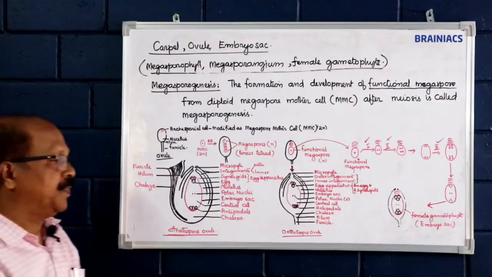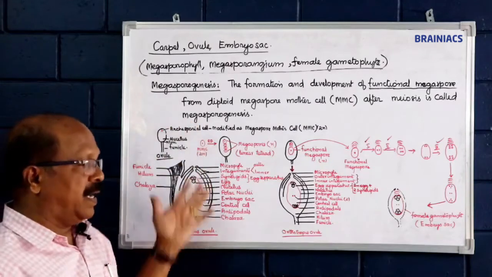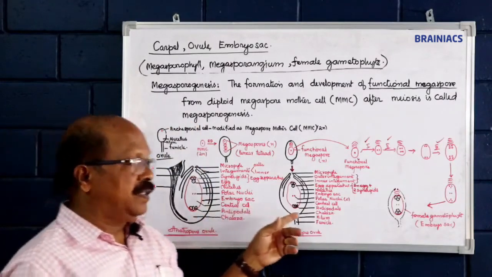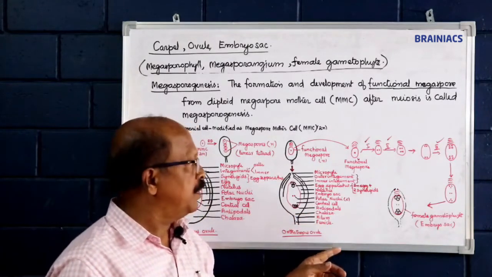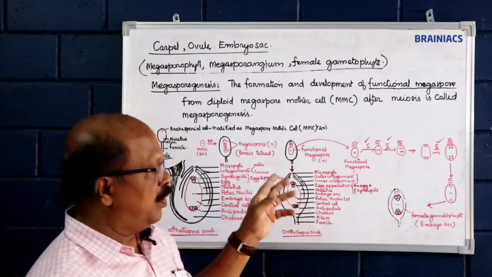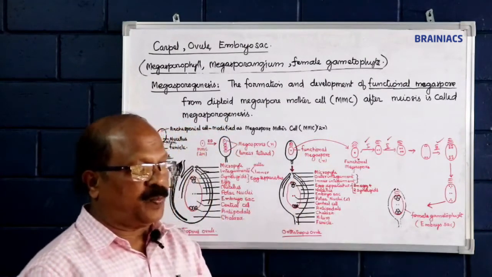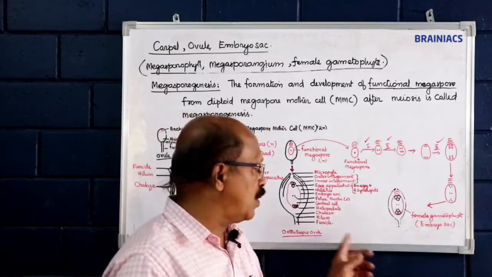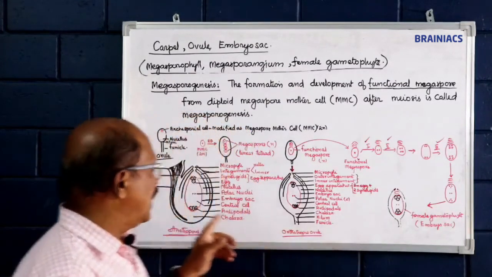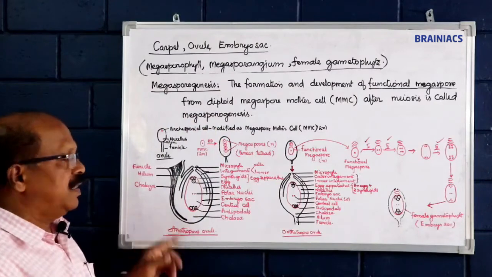See here, it is the anatropous ovule. This is the orthotropous ovule. In your textbook, the development is shown as the orthotropous ovule, but the final figure given is the anatropous.